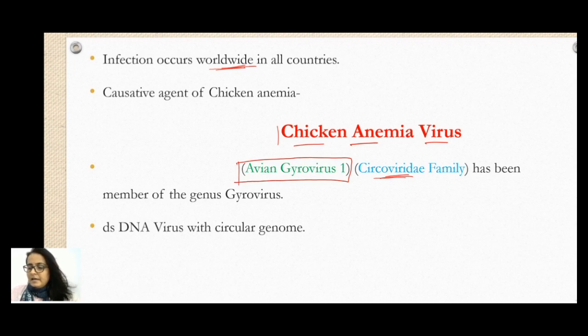The avian gyrovirus 1, or chicken anemia virus, is a DNA virus with a circular genome. The Circoviridae family has a circular genome.